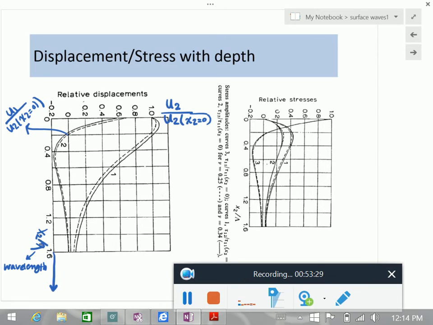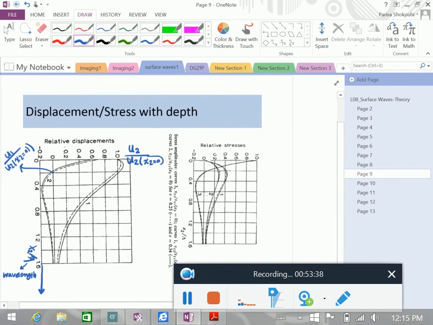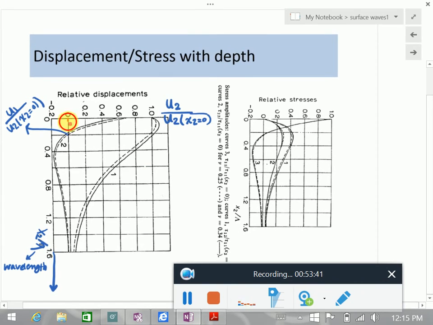And what we want to look at here is how they change with depth. Take a moment and make some observations here. What do we see? So this is 0. Okay, these are the axes. And I've rotated the figures, so we have x1 in the direction of the wave, and x2 in the thickness direction. Let's make some observations about this figure. What are some things we can write about this figure?